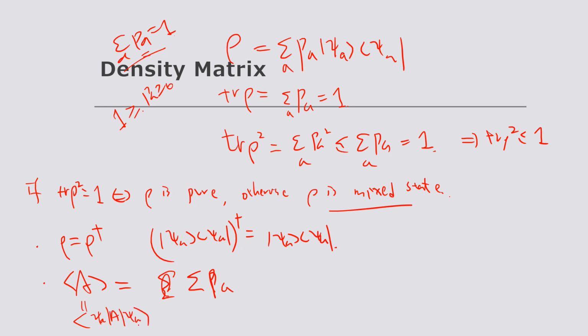If you plug this in with this, maybe I should write psi_B, and the sum over B, and in the final result you will get p_A |psi_A><psi_A|. Okay, so this is the density matrix.